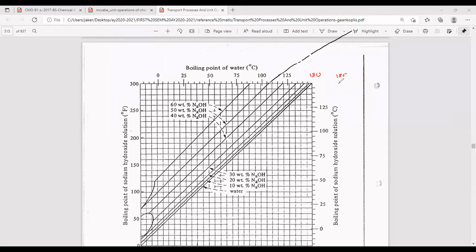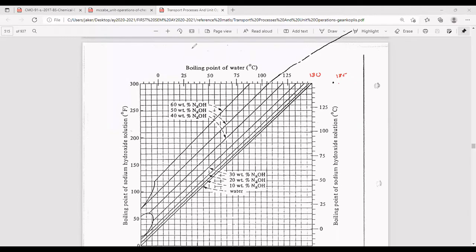This is 135, and your 134 probably, since these are in 5, so you have 1, 2, 3, 4, so somewhere 134.1 somewhere here. You just project it upwards to this projected line for the 50% solution.